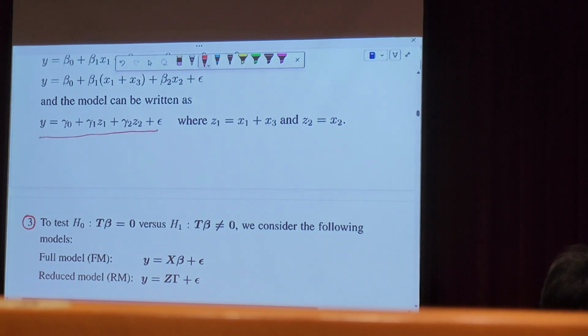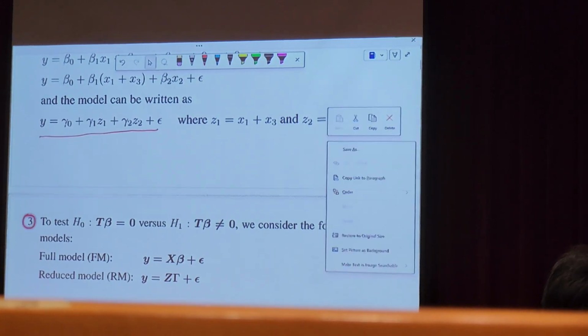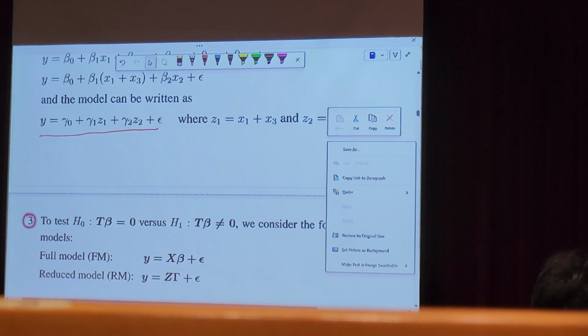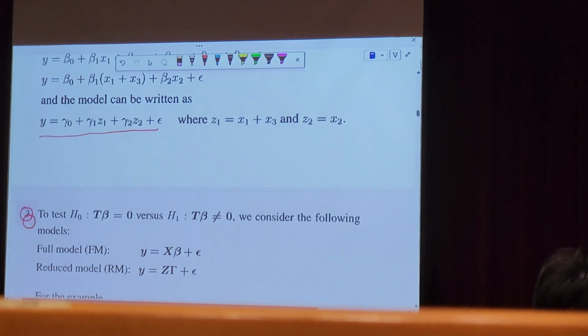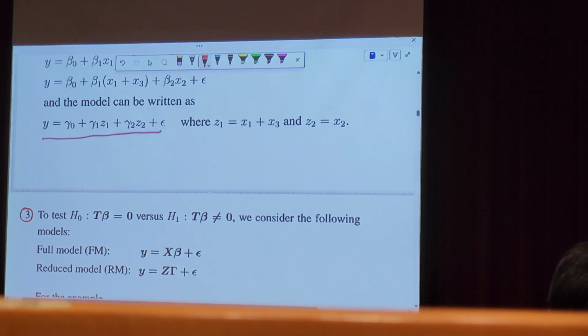So here's our reduced model, y equal to z tau, this tau, capital tau, plus epsilon. So these two are the same.